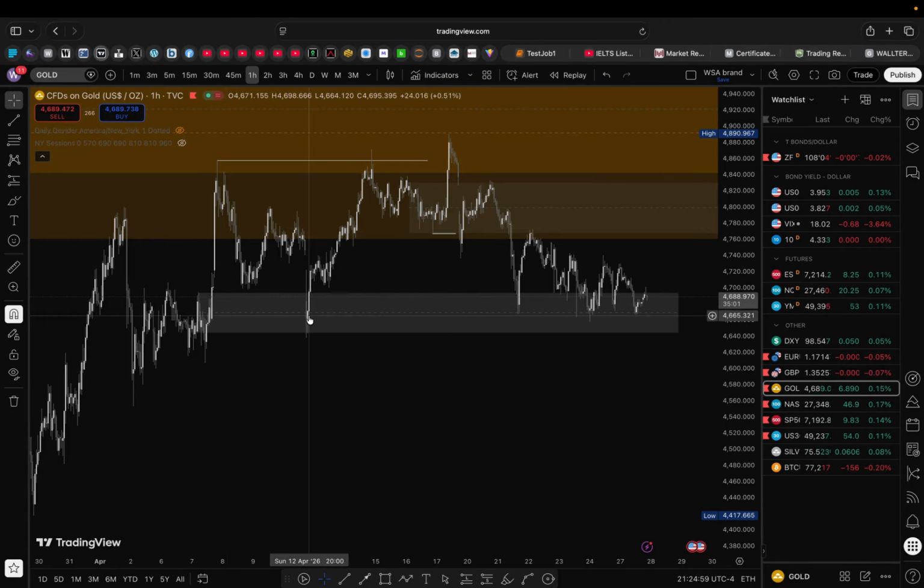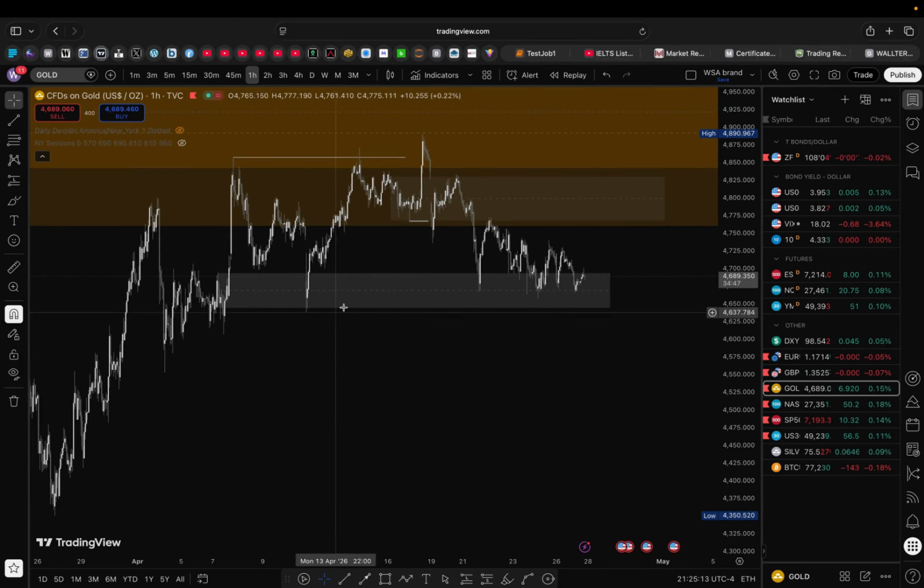It came inside of here, went higher, retested it, failed to go higher. We have a pivot here, tested that pivot, and since then it has found its way lower, but it still hasn't taken out this particular block that we're interested in. So this week, we want to see price break this pivot and then continue lower.